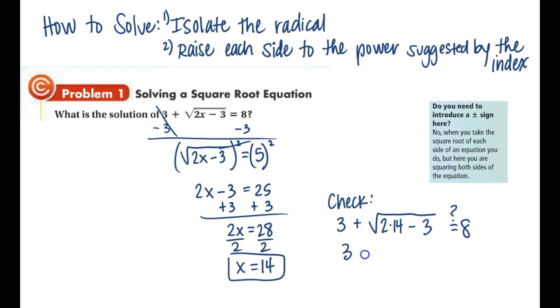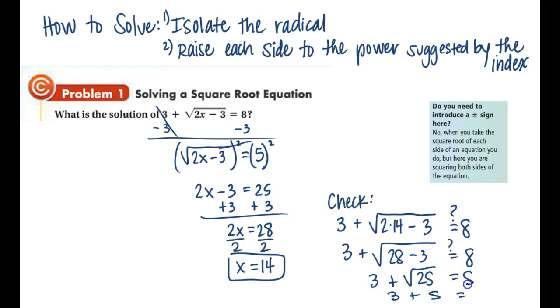So we have 3 in front, and then we have 2 times 14, which is 28, minus 3. That's 25 under the radical. So we're getting 3 plus 5, and that is equal to 8. So that works, and that means we got the right solution.